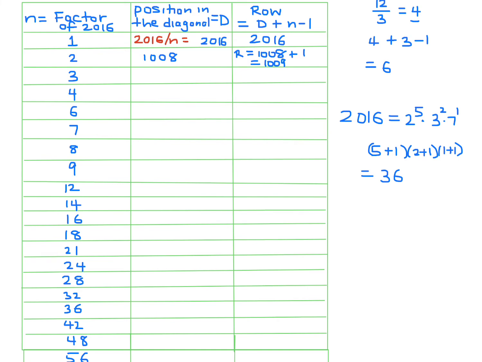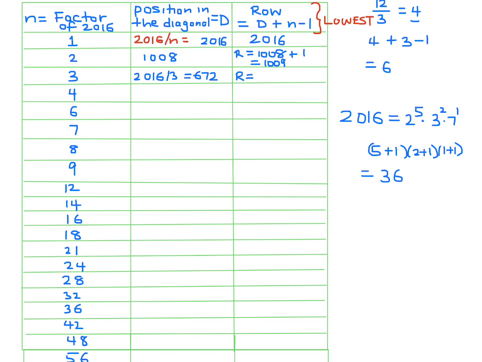Now our goal is to get this number to be as low as possible. So let me put that in red. The lowest possible number for this column of the table, that's going to be the answer to the question. So you just keep doing this. For 3, it'd be 2016 divided by 3, which is 672.